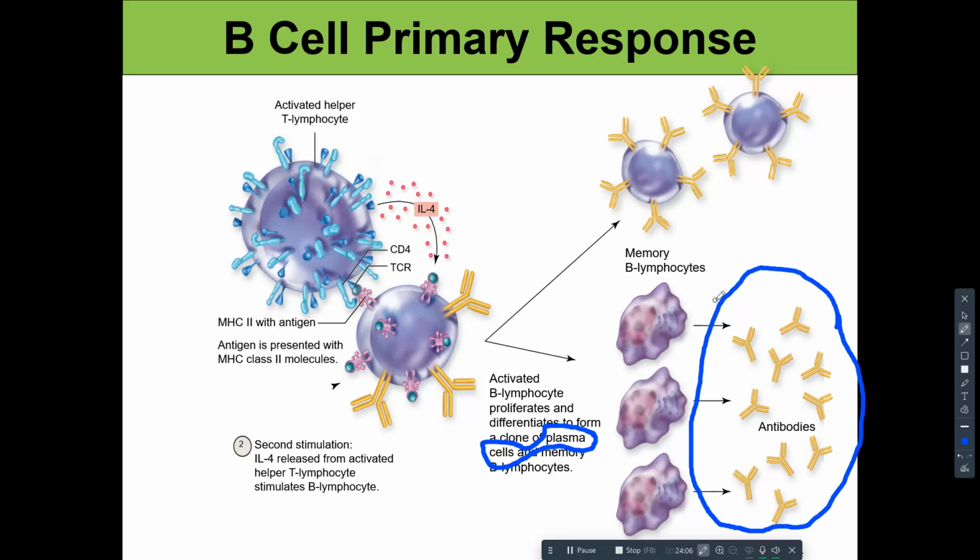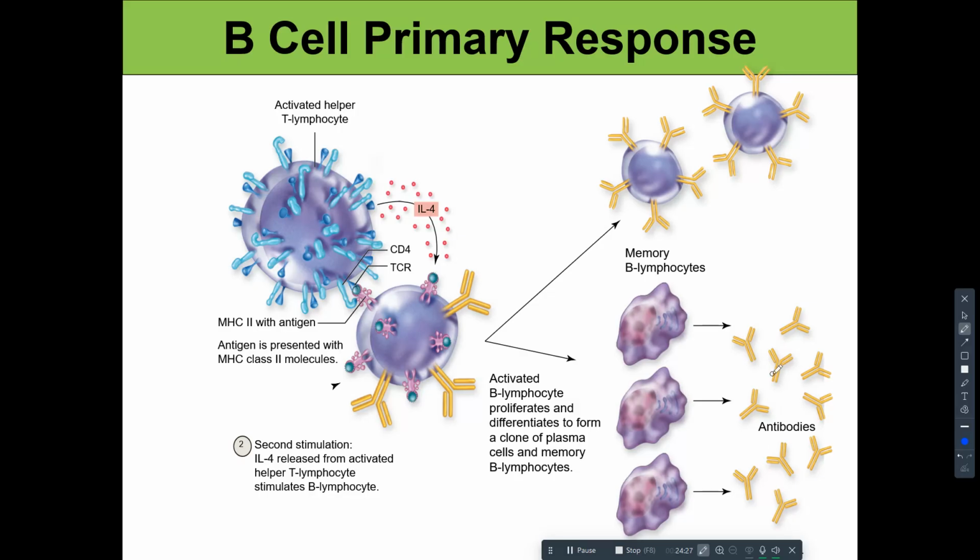But the B lymphocyte that got permission and started dividing is also making memory B cells for next time and the time after that. So our response will be stronger and better upon subsequent exposure.